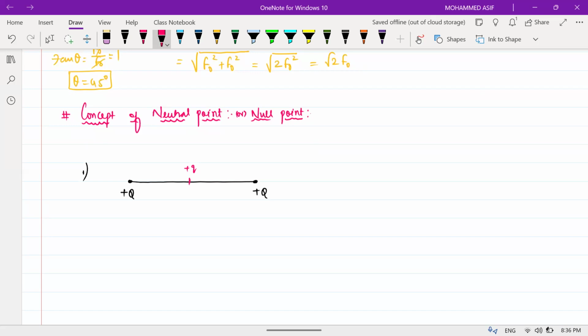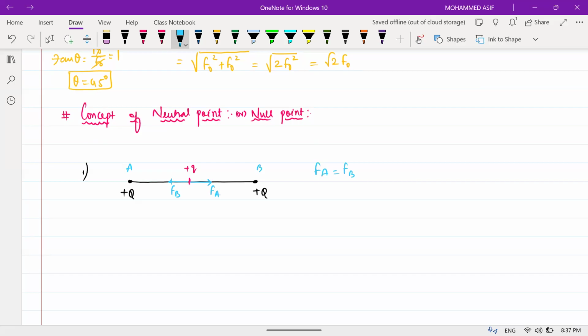Whatever force the first one exerts on small q, the second one also will exert the same force. So the forces are the same on this one. Say this is A and this is B. This is the force exerted by A, and B also will exert the same amount of force, right? That means FA is equal to FB.